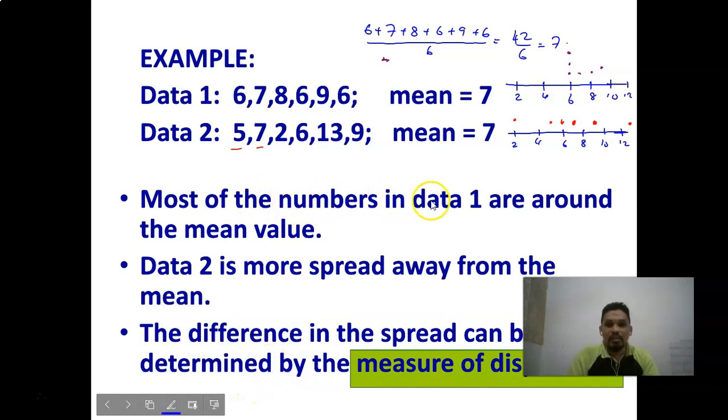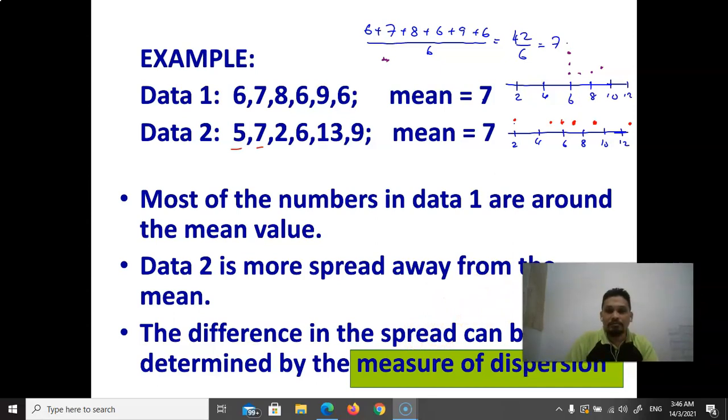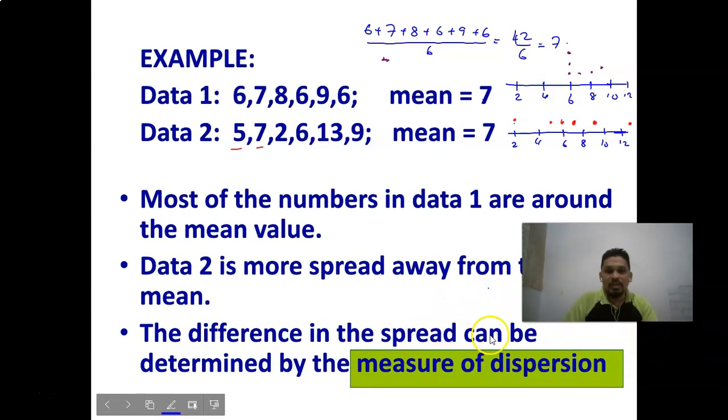Most of the data in data 1 are around the mean value, where the mean equal to 7 is around here, meaning the data is very close to the mean. But data 2 is more spread away from the mean, where the lowest is 2 and the highest is 13. So it's spread. The difference in the spread can be determined by the measure of dispersion.